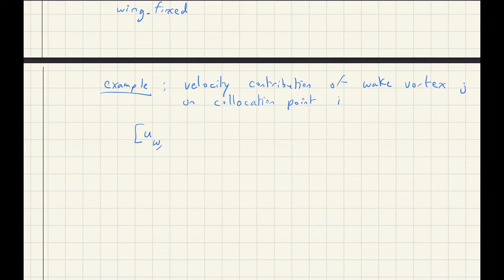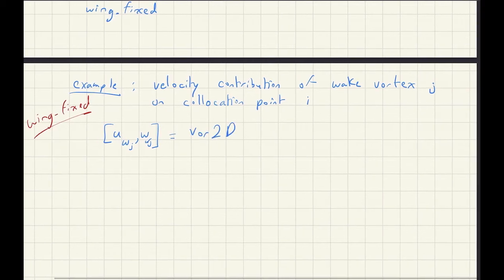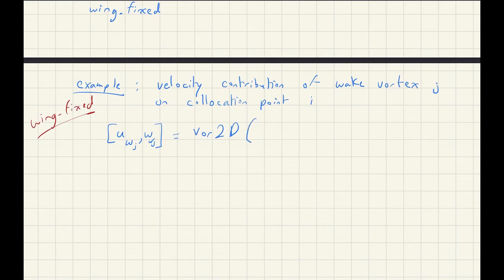The horizontal and vertical velocities due to the wake vortex J, and remember, this is wing fixed frame, is equal to vor2d, the function that we came up with last time in the steady panel method, of the strength of said vortex, the locations of the collocation point in the wing fixed frame, as well as the position of the wake vortex, also in the wing fixed frame.